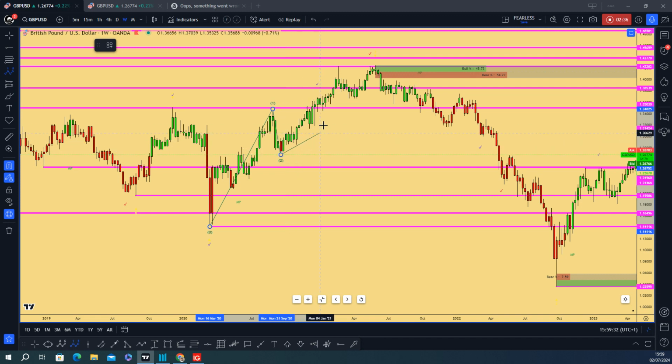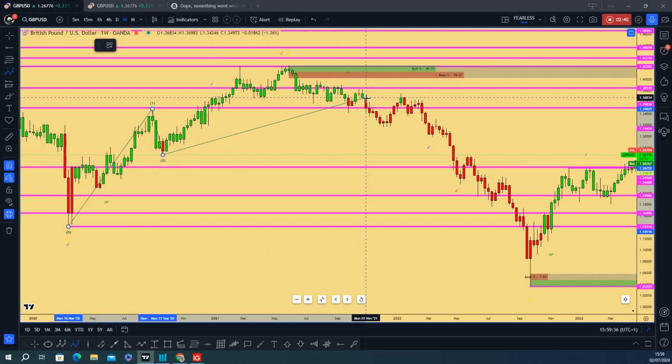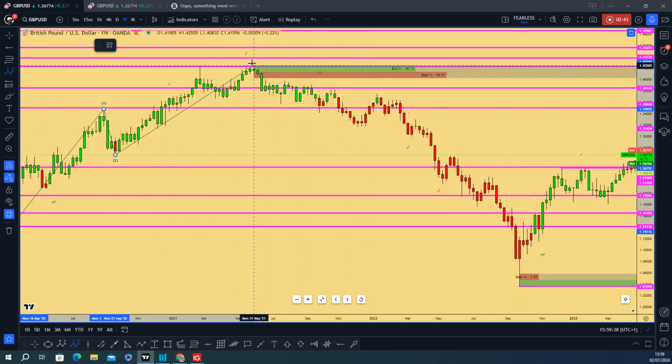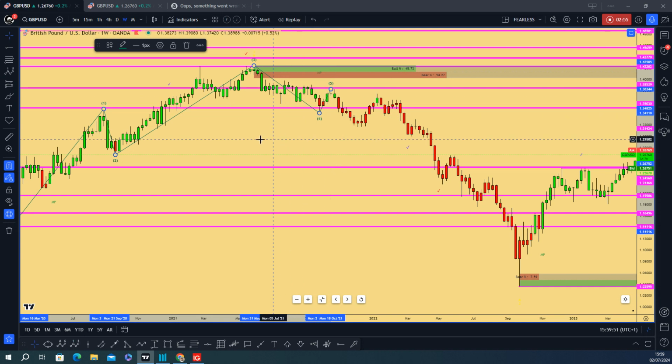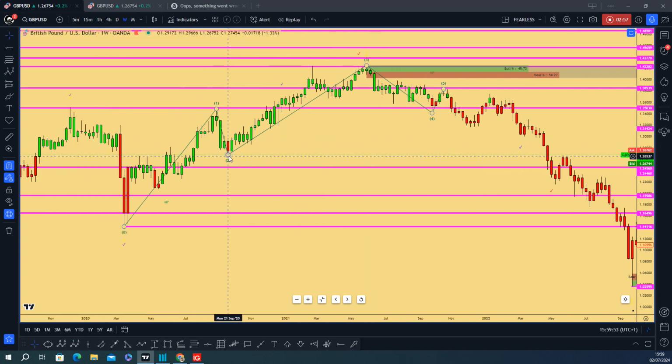This is 2. So it's 3. And this 3, we don't have a higher high 5 because we have a 4 here that failed to make a higher high 5. Okay, so technically all these are structural points as well.